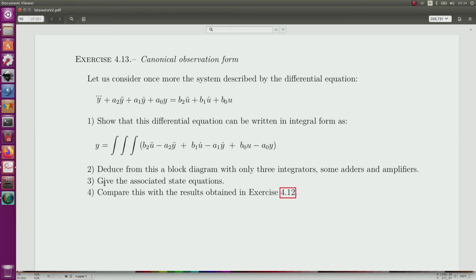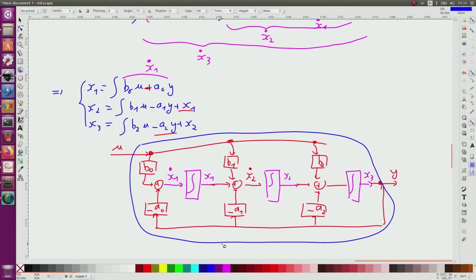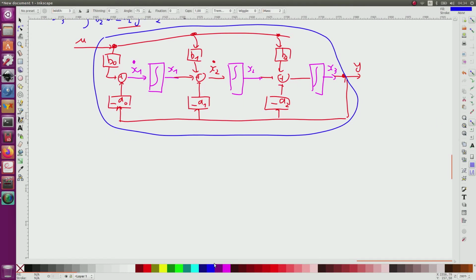Now I have to give the corresponding state equation. Question number 3.